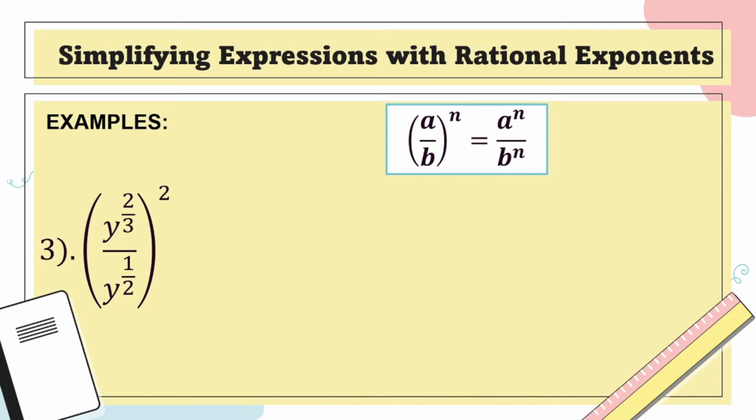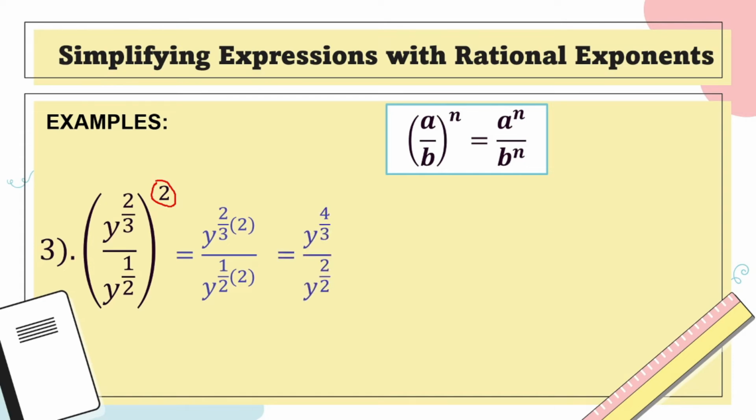So let's do it. We distributed this 2 to the numerator and denominator. We got y raised to 2/3 multiplied by 2, then divided by y raised to 1/2, also multiplied by 2. So we just distributed.